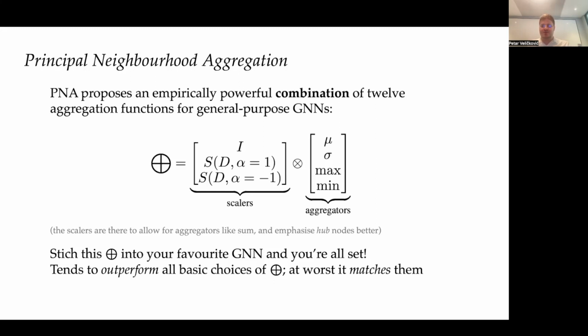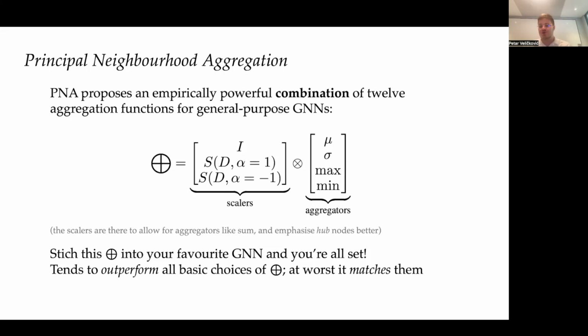So these three combinations multiplied by four aggregators give you 12 different aggregators. And then you just use this combination as your aggregation function in your favorite graph neural network. So you compute all the 12 aggregators, and then you concatenate the results and stitch it into your GNN, and you're all set.